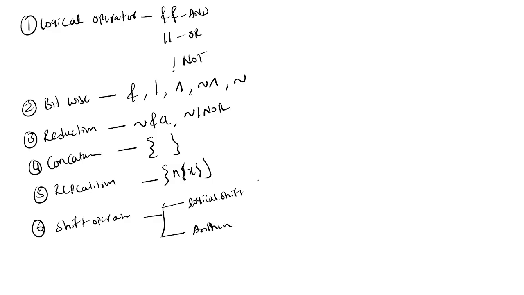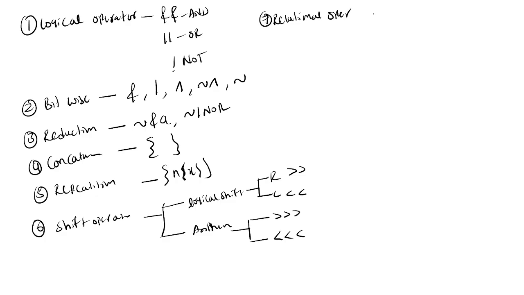Logical shift has right and left, and arithmetic shift also has right shift and left shift. Next you have the relational operators: greater than, less than, greater than or equal to, less than or equal to. And next the equality operators.